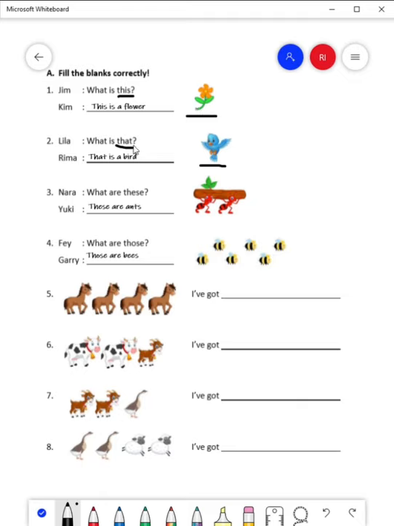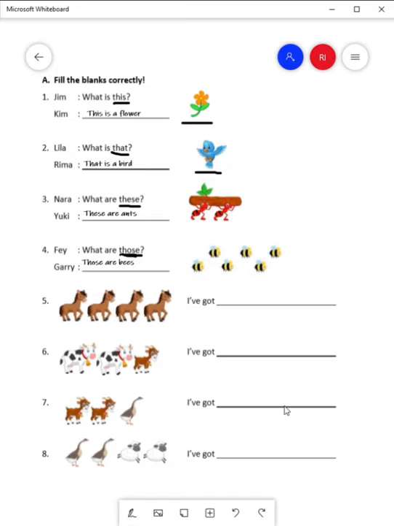For that, it is actually far from the speaker. The things actually far from the speaker. And for these, to say more than one thing that is close to the speakers. And for those, to say more than one thing that are far from the speaker.